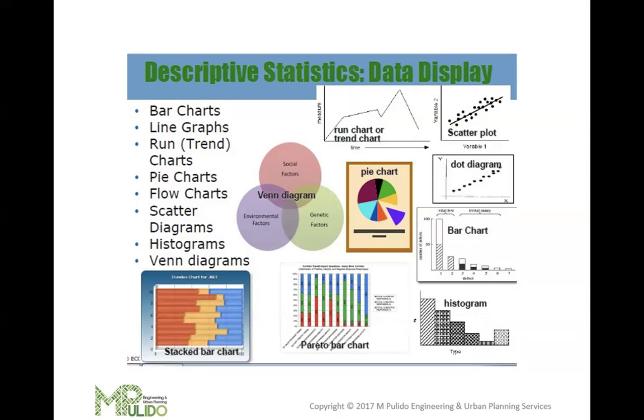Then algorithm steps, this is visualizing steps in an algorithm. Then the scatter diagram, otherwise known as scatter plots, is used when you try to display the relationships between two numerical variables. Each point represents an observation.